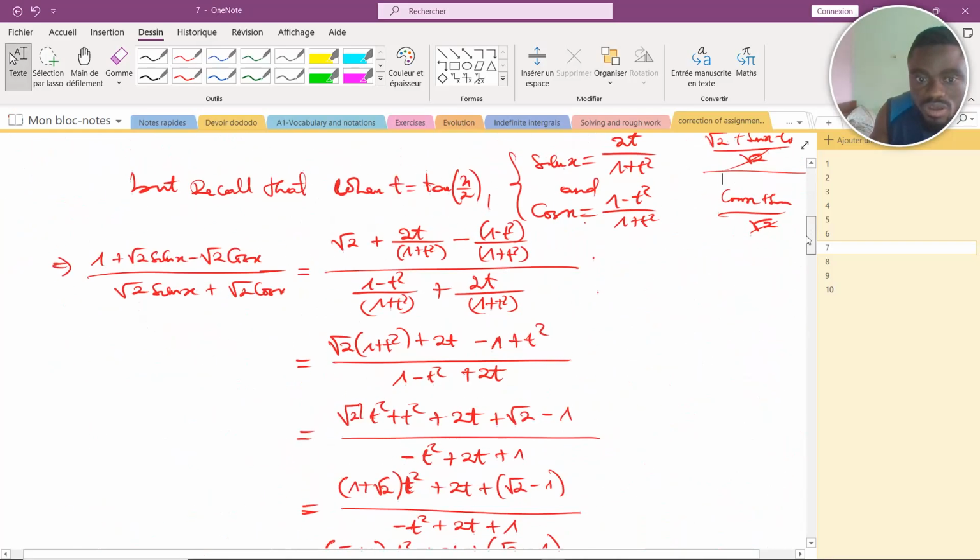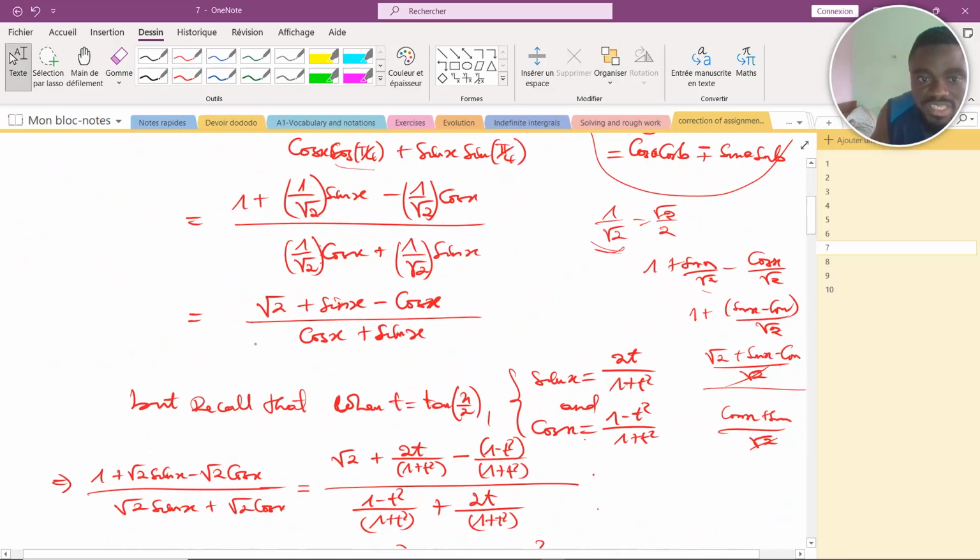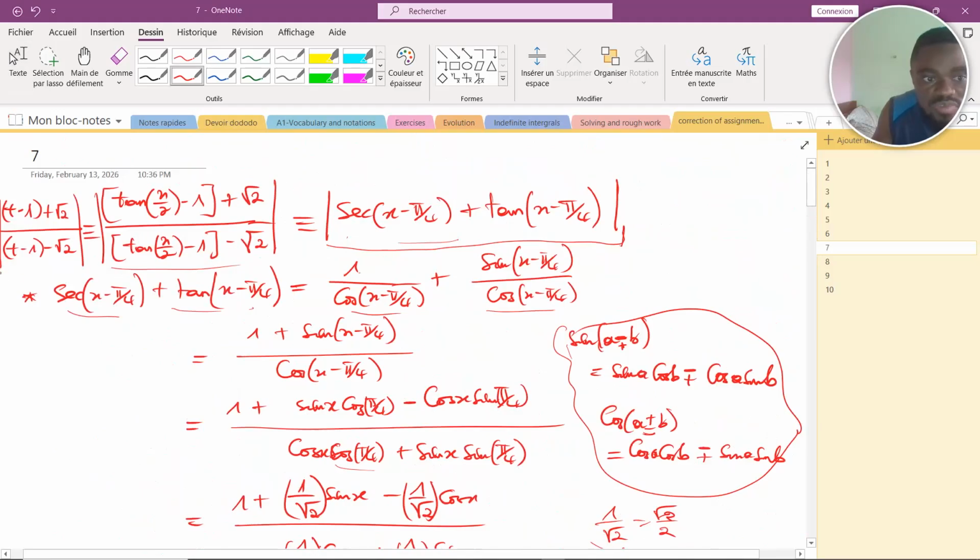I'll convert this expression in terms of t, and I will prove that it is equal to this, because I know that this is this. So if I'm capable of transforming this expression in terms of t, and I prove that it is equal to this, I will have proven this. Is that okay? So that's what I will do.